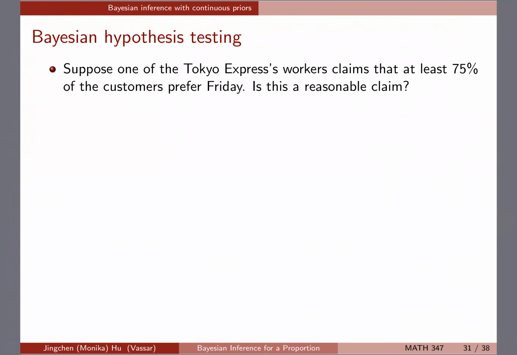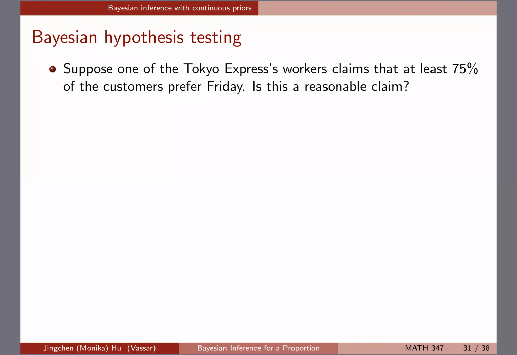Remember that when we come to a beta posterior distribution for this P, we are able to summarize it, because we know exactly what the distribution is. So we can compare it against this claim, or at least come up with a probability statement about P being greater than or equal to 75%.